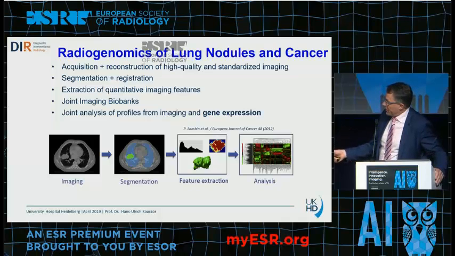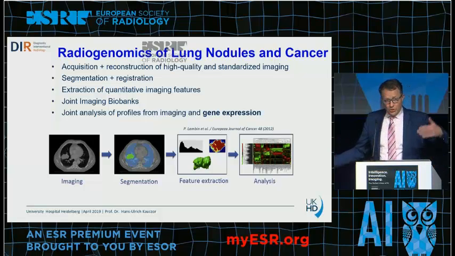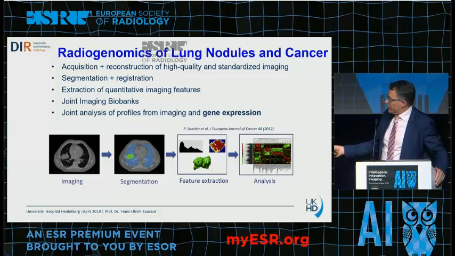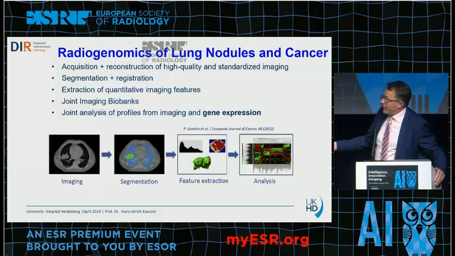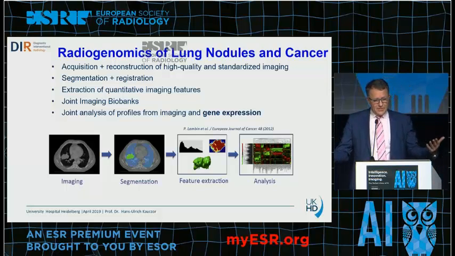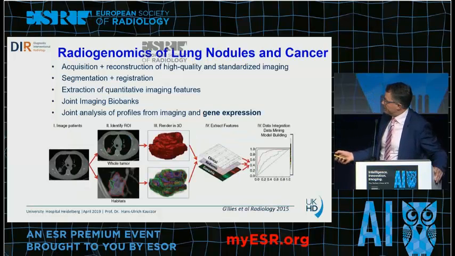So what you will actually do, you do the imaging, the segmentation, you extract all the features that you will also use for the deep learning algorithm, and then you analyze, you present the data in a way how genetic data is presented.